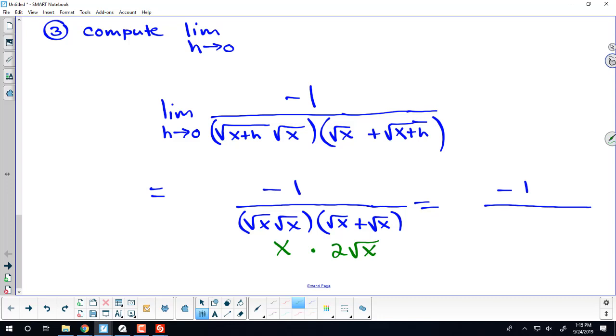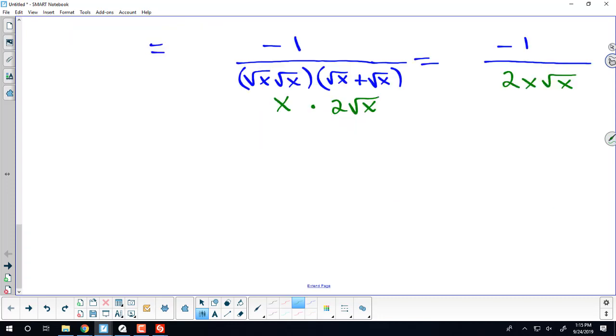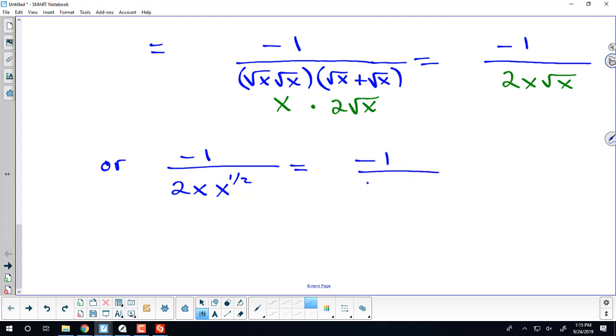So let's combine those as a power, because we could leave it like 2x root x, like that. I don't really think there's anything wrong with that. Or we could say that this is negative 1 over 2 times x to the 1/2, right? So we can actually combine those x's as a power of x, and negative 1 over 2 times x to the 3/2, just adding their exponents.